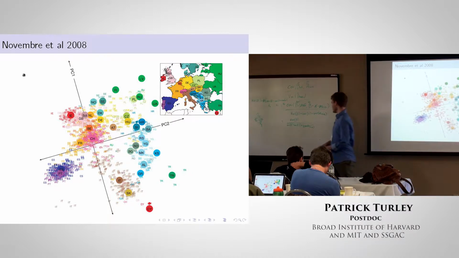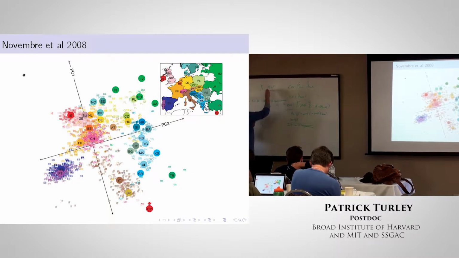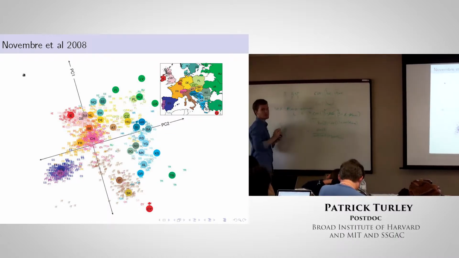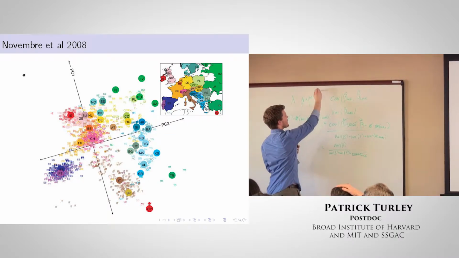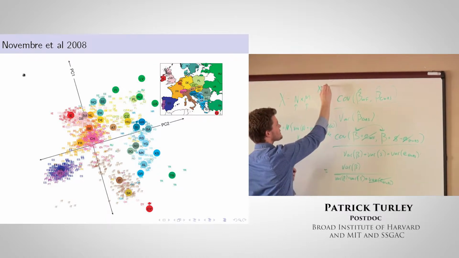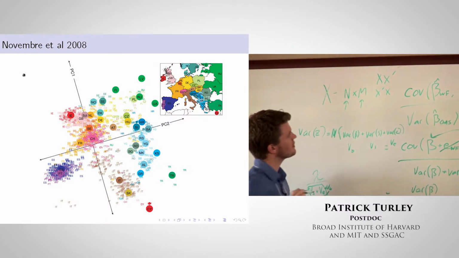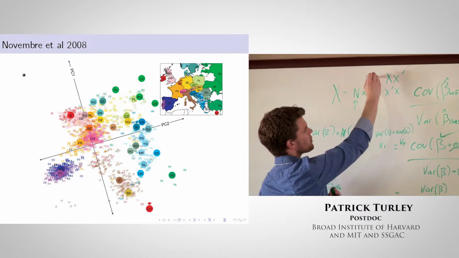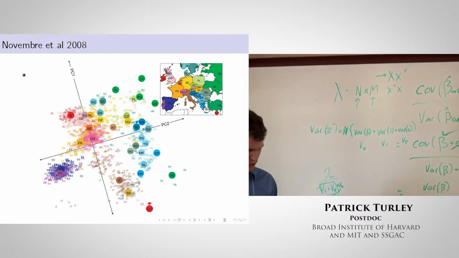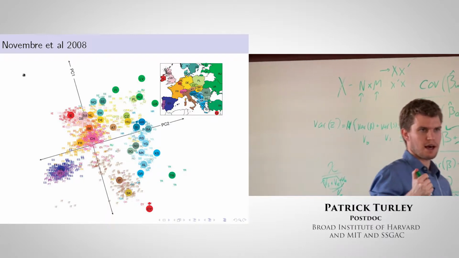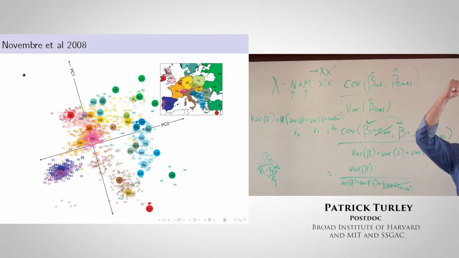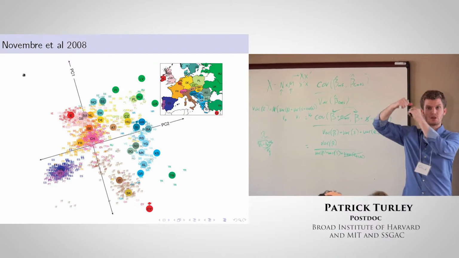Well, the issue is that we have our genetic data, and this matrix is n by m, where n is the number of individuals and m is the number of SNPs. So we could calculate XX prime, or we could calculate X prime X. XX prime holds the pair of individuals constant and gives the covariance of all of their genotypes.